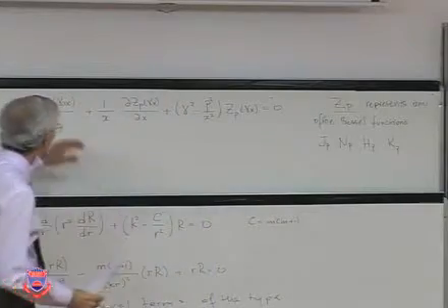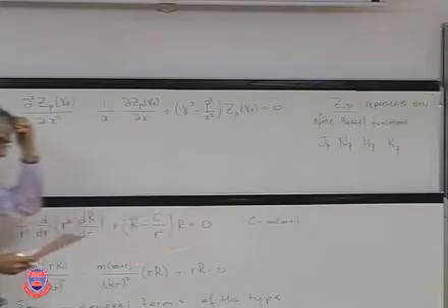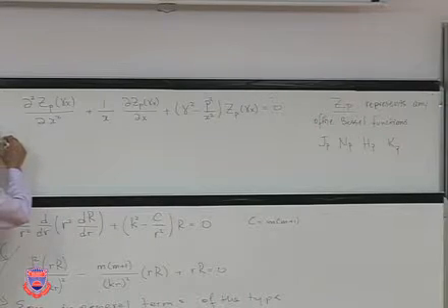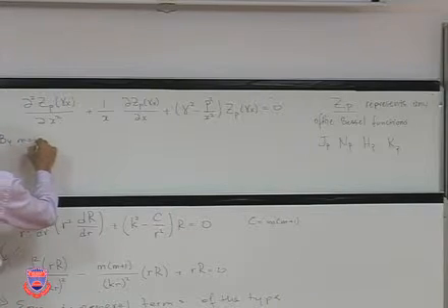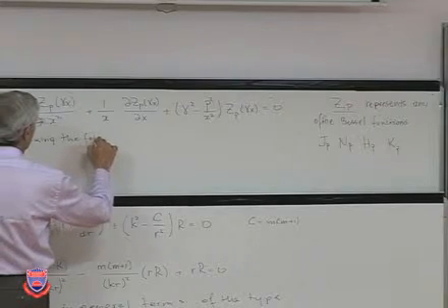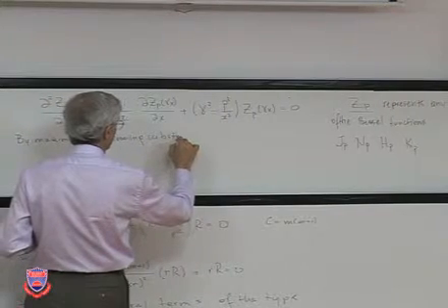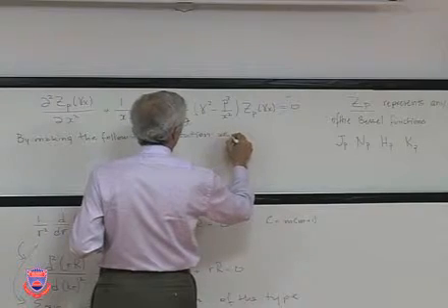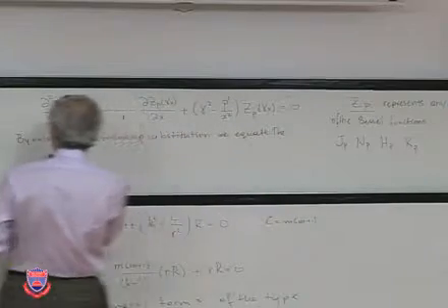So this Z can be any one of the Bessel functions. So the way we equate the two equations is by making the following substitutions.